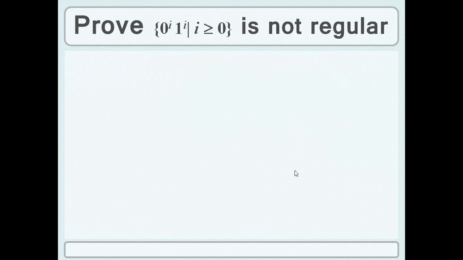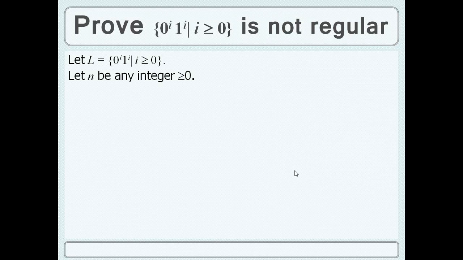So for example, to prove that 0^i 1^i for i non-negative is not regular. Let L be 0^i 1^i, where i is a non-negative integer. So let n be any integer greater than or equal to 0. Let x equal 0^n 1^n.